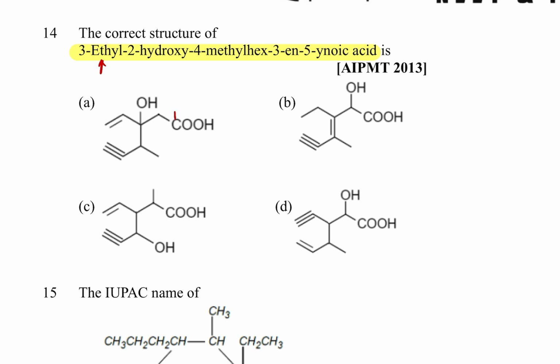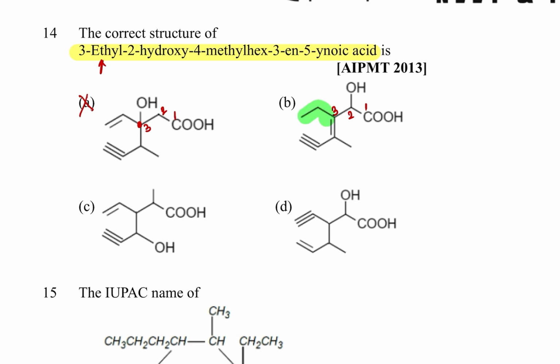So obviously this is the first carbon, second carbon, third carbon. At third carbon, do you see any ethyl group here? No. So obviously this is not the answer. Again, next option. First carbon, second carbon, third carbon. Do you see any ethyl group present here in this case? Yes, we see ethyl group.